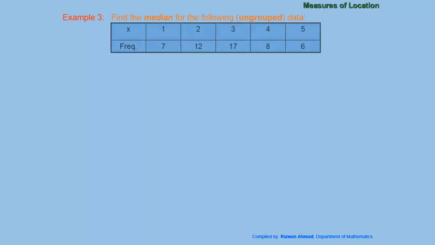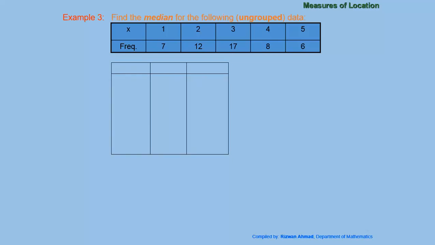In the previous video, I also explained this in detail in the graphical methods to represent data. Now again we are doing it here. So first of all, we have to build a cumulative frequency table, because the median will be found through the cumulative frequency curve. So the table, as we know, has x values and the frequencies.